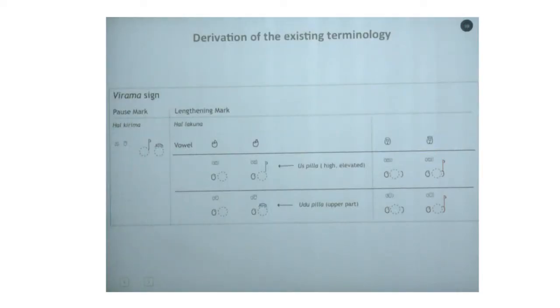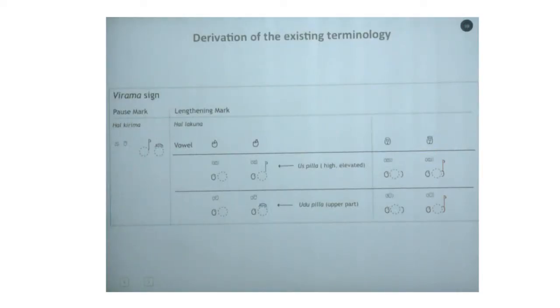So again, another term has come in: ikaraya, ekaraya, okaraya, and so on. And then another expression is identified when the second and the third give the uspilla, where us means high, elevated, and udu also means upper part. So that means the same thing. It represents the hull sign having two visuals. This is what you saw before.